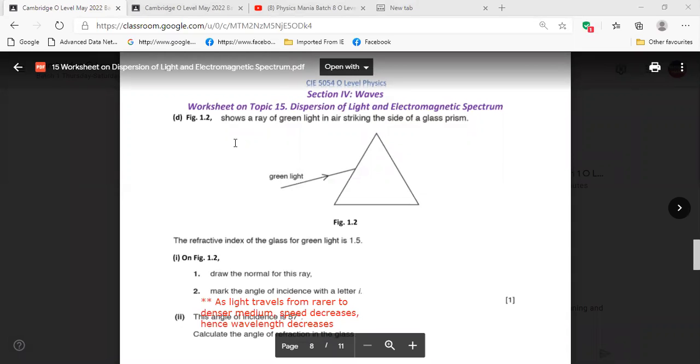So you write a note here: green light is monochromatic. Monochromatic means single color.